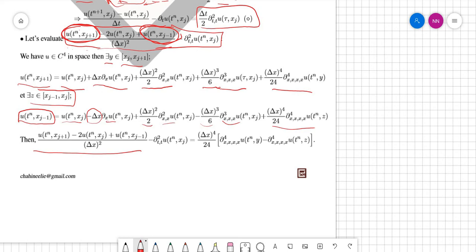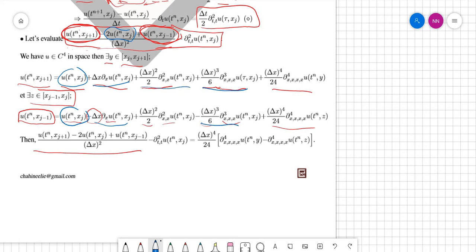This is why we went to the fourth order, because when we combine all the terms, the u(t_n, x_j) will be cancelled with the 2u(t_n, x_j) in here. And then all the odd terms in this case will be cancelled by each other.